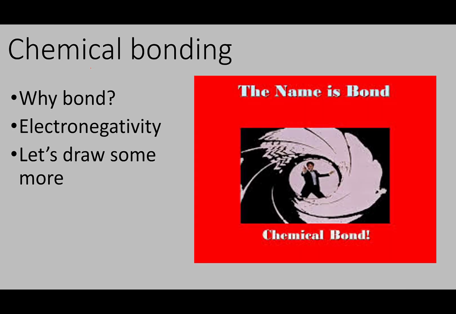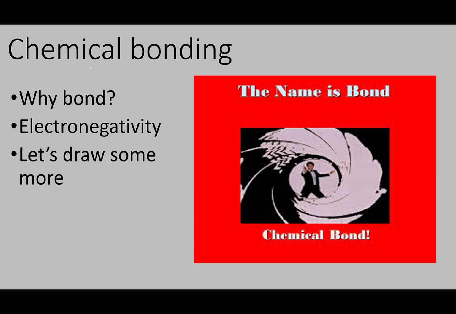So now we're going to talk chemical bonding, the joining together of atoms. So why do atoms bond? What's the point? What causes it? What's the result? Well, atoms bond because they want their valence shell to be full.